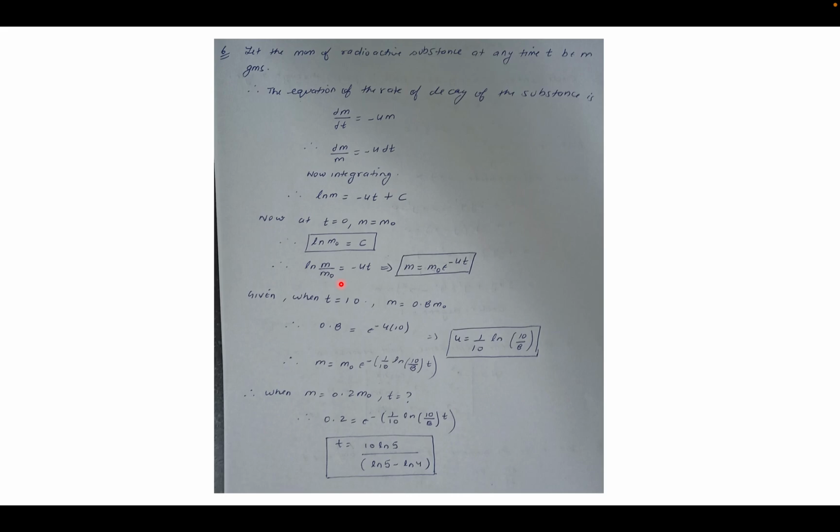And from here, by putting it again in this equation, you can get the value of m as a function of t. So basically m is equal to m naught times e power minus mu t, where mu is the proportionality constant.